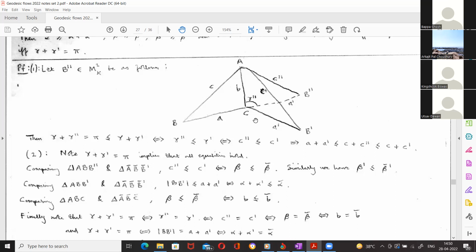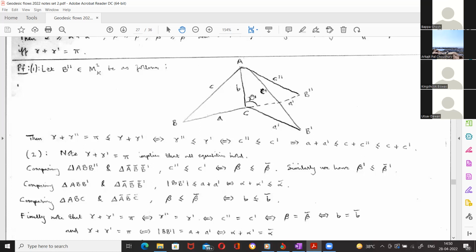But now, if I compare these two triangles, ACB prime, the sides at the vertex C are B and A prime. And if I compare this triangle, ACB double prime, then again the sides at the vertex C are B and A prime. So again, these have the same sides at the vertex.